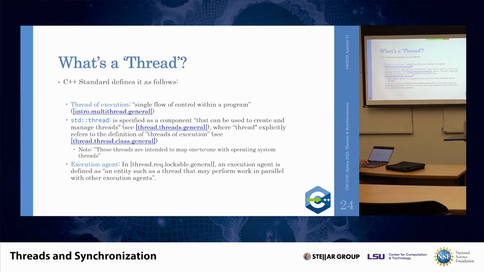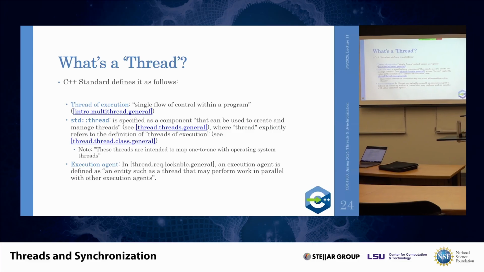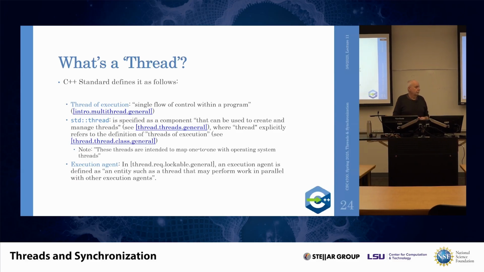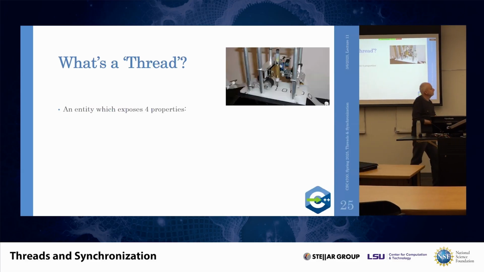And this will come to pass when we start talking about HPX a bit more, because HPX works with execution agents and not with threads. But we will get there.